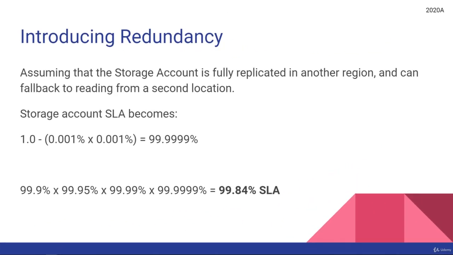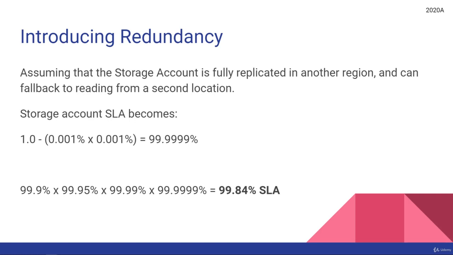So we already know that when it comes to developing solutions that require high availability, the solution for high availability is redundancy. And so we looked at the storage account, and we see that the storage account has one of the lowest SLAs of all of our services.